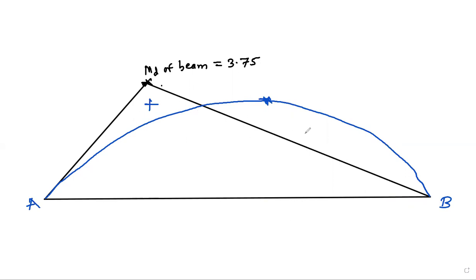So it is positive, it is negative, somewhere at this point you have calculated a point. What was the last value calculated? 1.498.